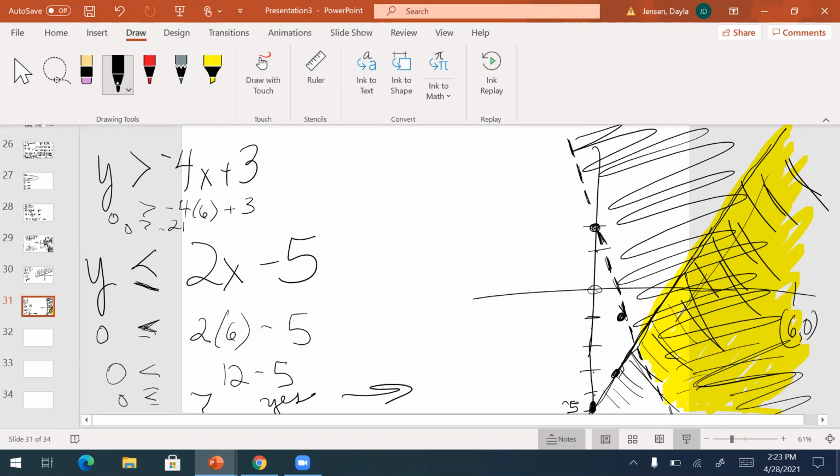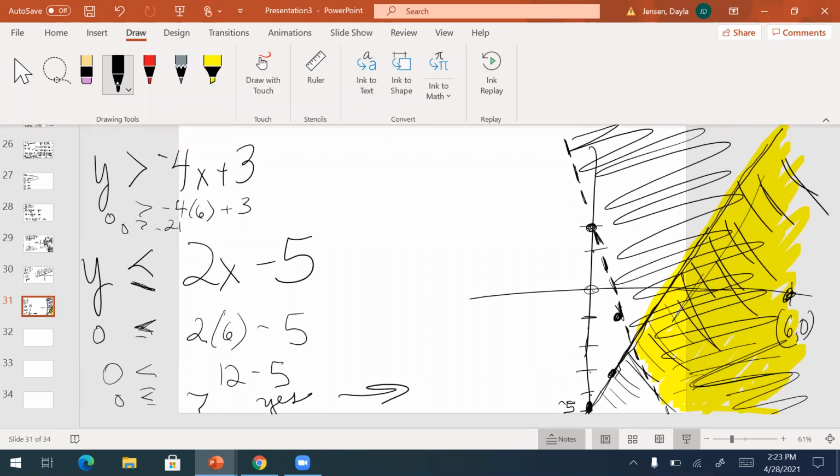Yes, it's true. So this point, 6, 0 satisfies both of these inequalities if I make sure I get the right problem and not a negative sign. So the shaded area is the solution set, and you have to describe it with a picture.